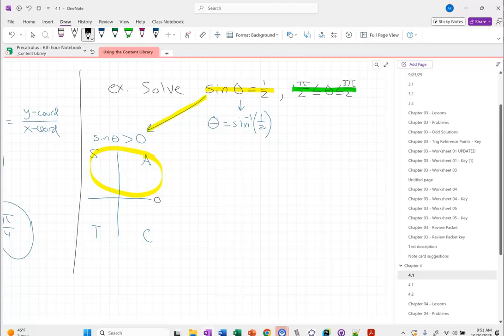Counterclockwise. So 0, 1/2, 1, 1.5. So I start here, and I go to here. So we're covering quadrants 2 and 3.